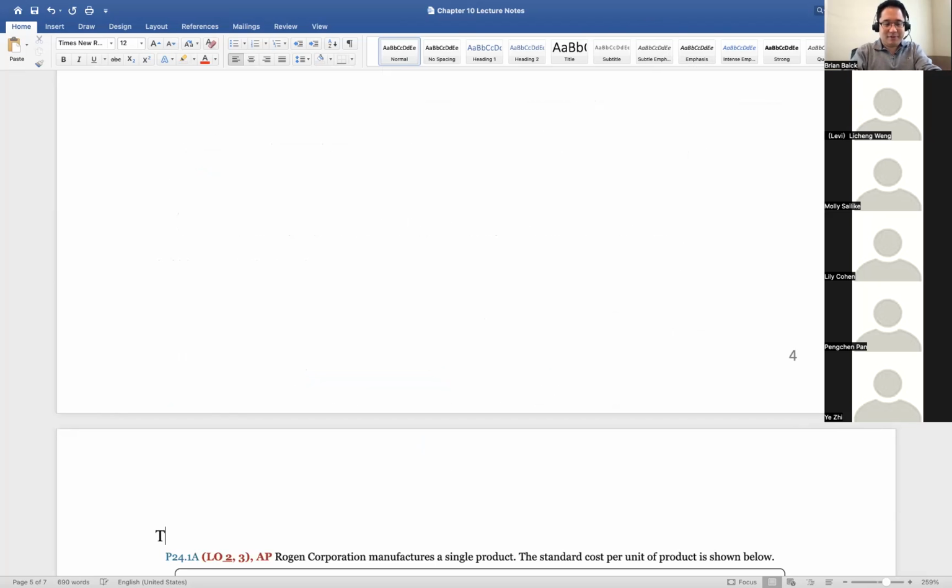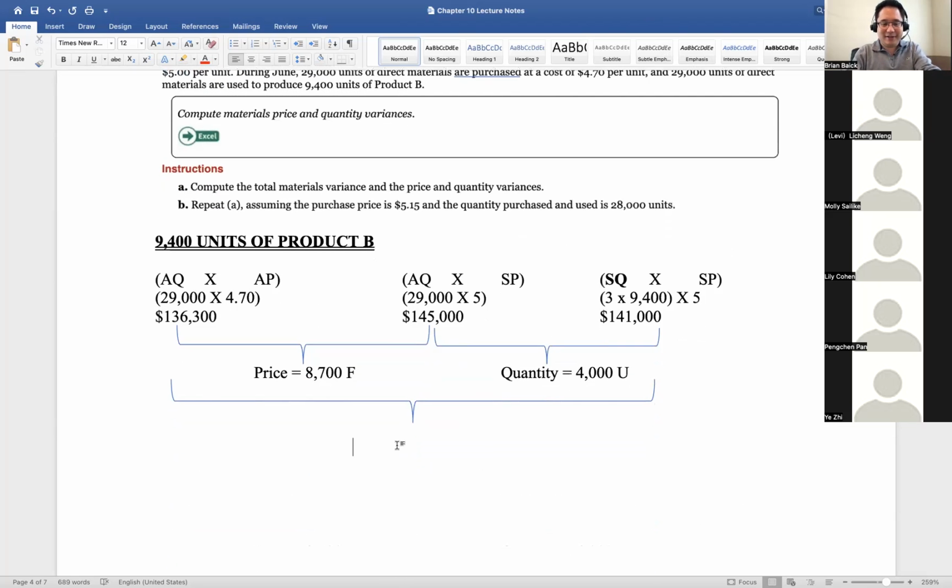And then the total variance. Okay, can anybody tell me what the total variance is? What is the total variance? The total variance is, okay, so we'll take 136,300 minus 141,000.